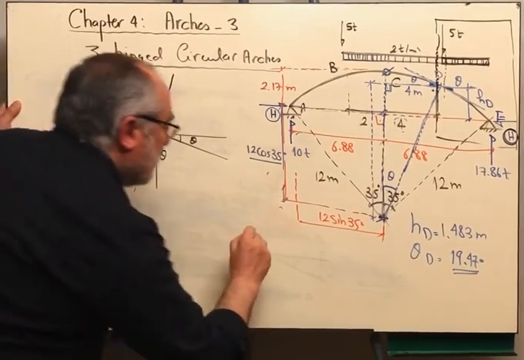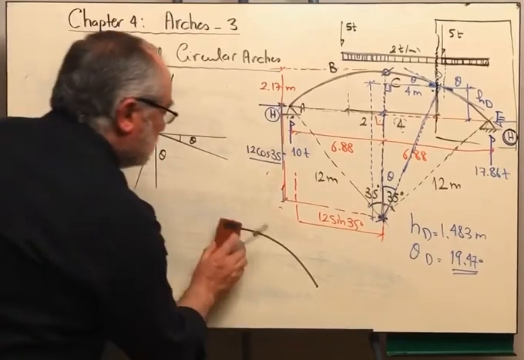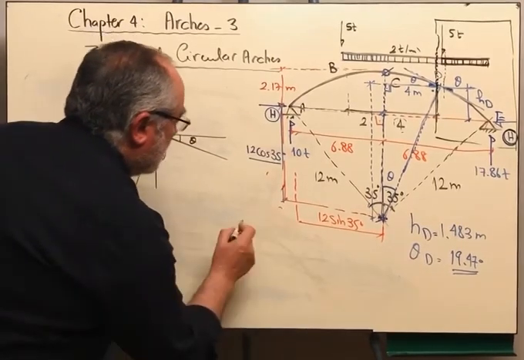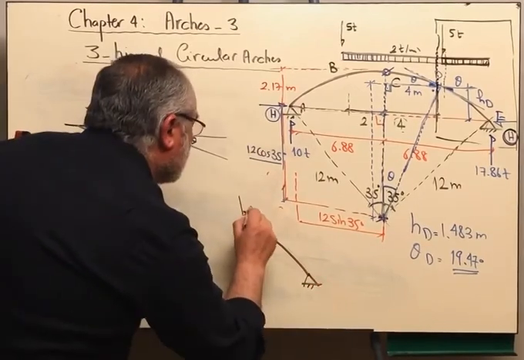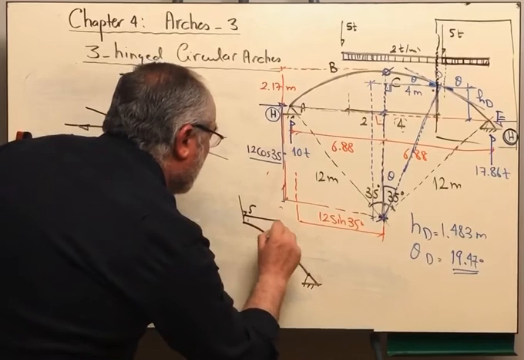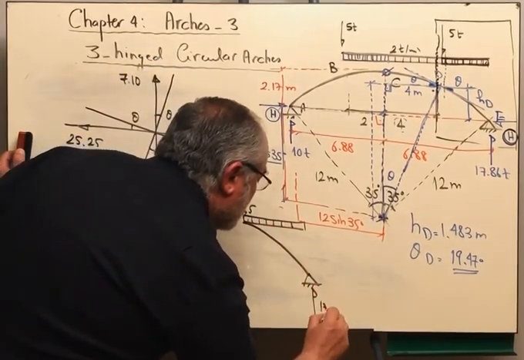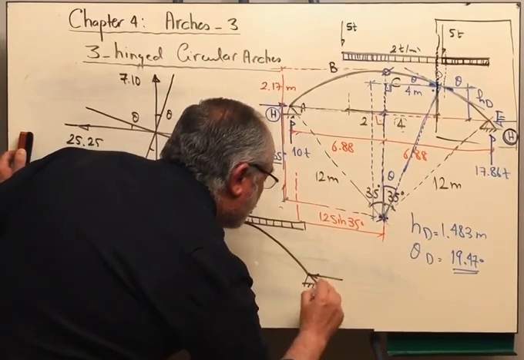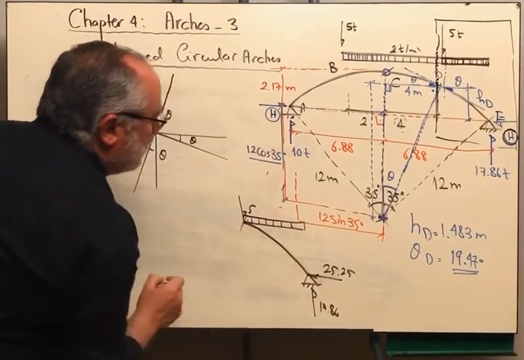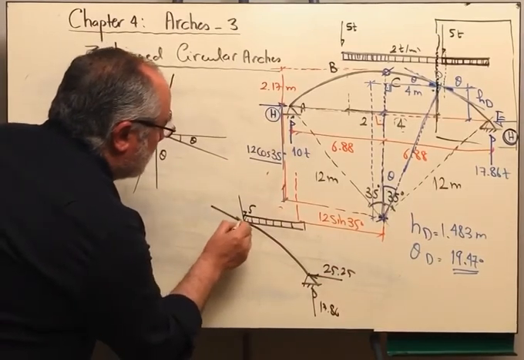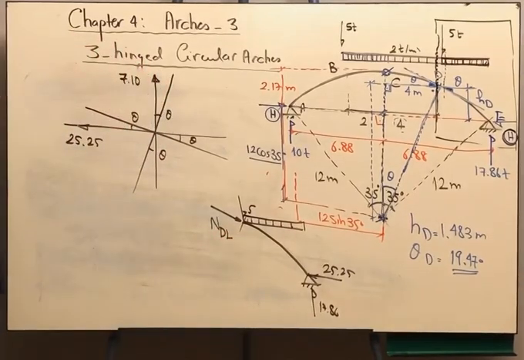And still, when you are cutting a section, this is your arch. This is the 5, and this is the distributed load. This is the reaction, and this is the horizontal reaction, 25.25. Now, what will be the internal forces? I will have, again, the normal force. I am assuming it to be compression.